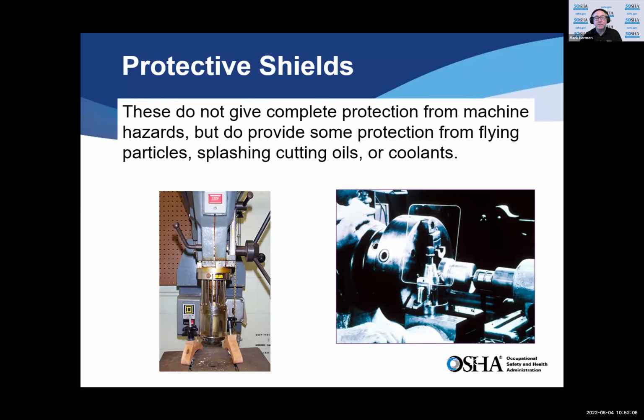The two examples I see: the one on the left is the guard for the drill press. The one on the right is the lathe that has the rotating hazard. That particular shield is exactly what it is, because there is a shield that goes over that for the rotating hazard.